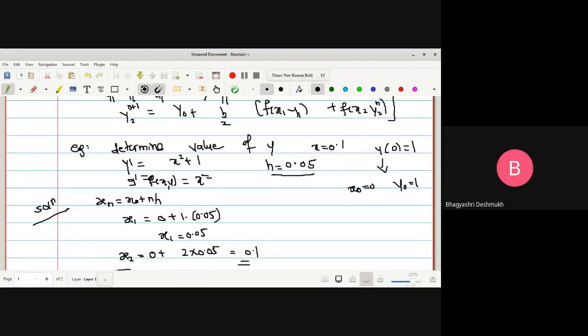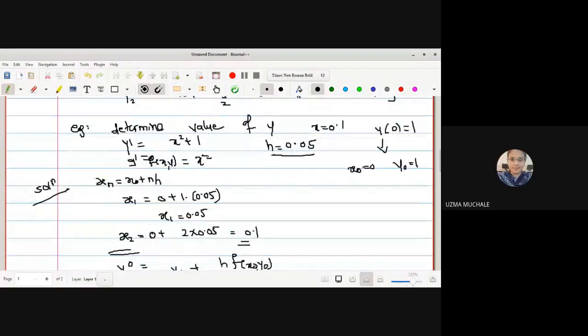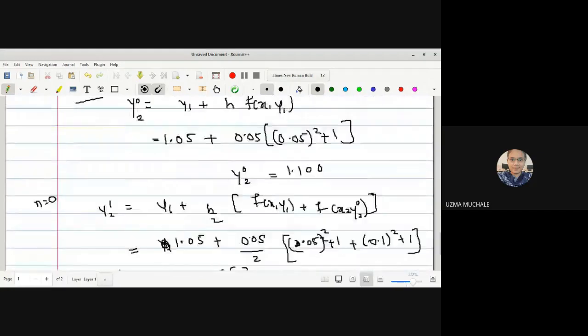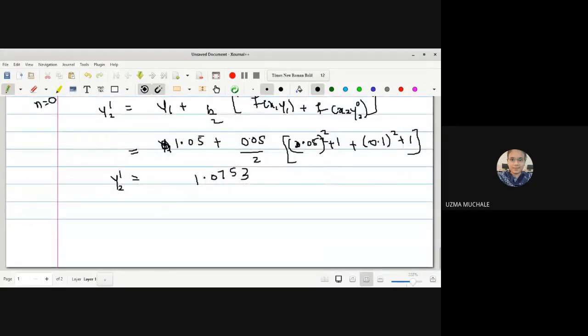Okay, understood. I was wondering how it came suddenly. Sorry. You should concentrate, no? While solving the example itself, I told you the value of y dash is nothing but your f of xy.